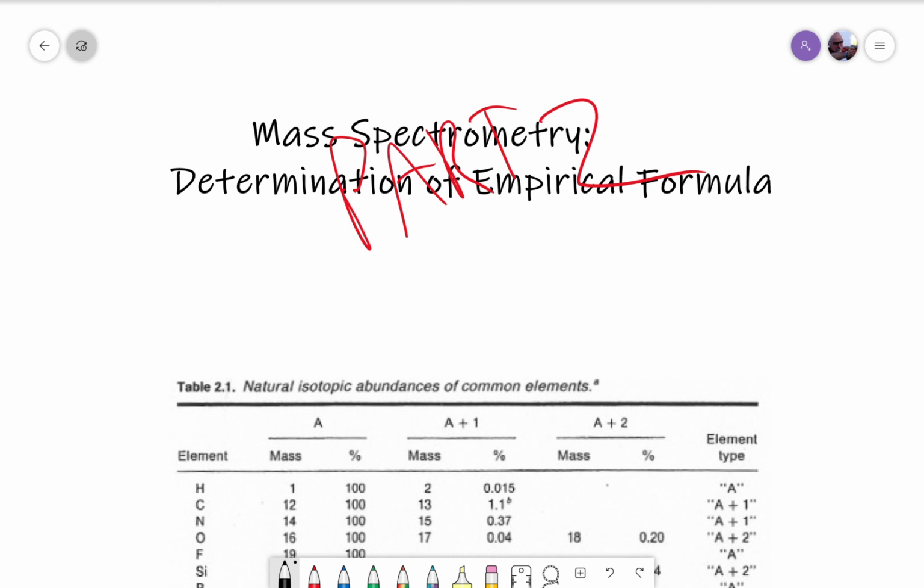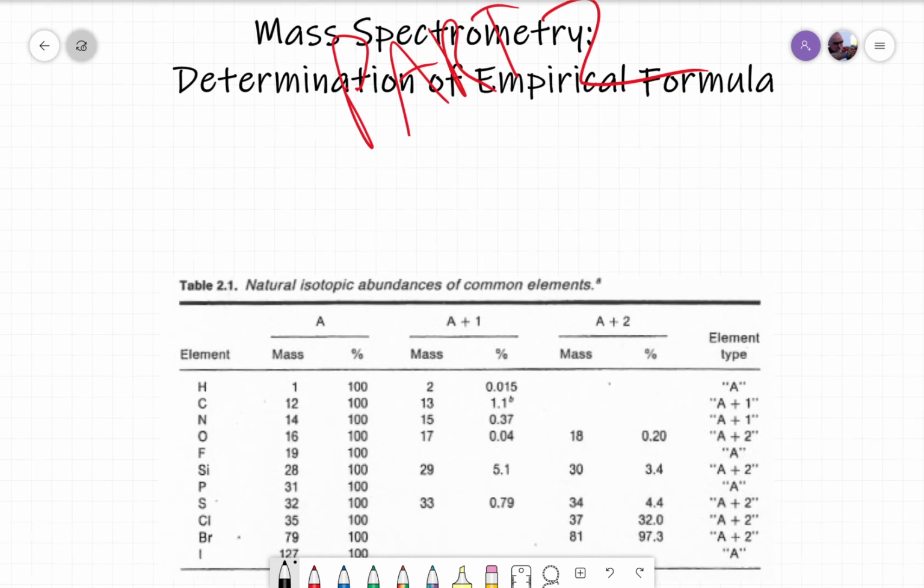If you look at the molecular weight and you look at the M+1 peak, you can determine how many carbons, because each carbon will create a naturally occurring isotope, which is unavoidable, of 1.1%. We can look at other elements as well as carbon, because elements contain naturally occurring amounts of isotopes.